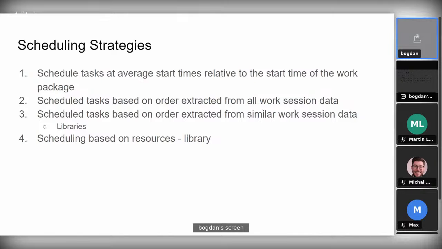Or we also have other information from the description of the tasks, and that is that the aircraft sometimes has to be provided with electrical power, or sometimes it does not have to be provided with electrical power, depending on the task. And so we can also try to use this resource of electrical power, whether it is on or off, to schedule the tasks so that we reduce the number of times that this state changes, for example. But we didn't implement that yet. So it's potentially future work.